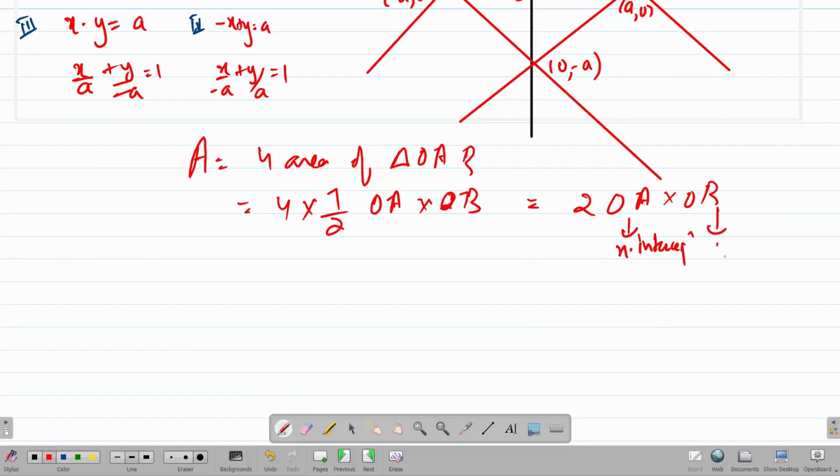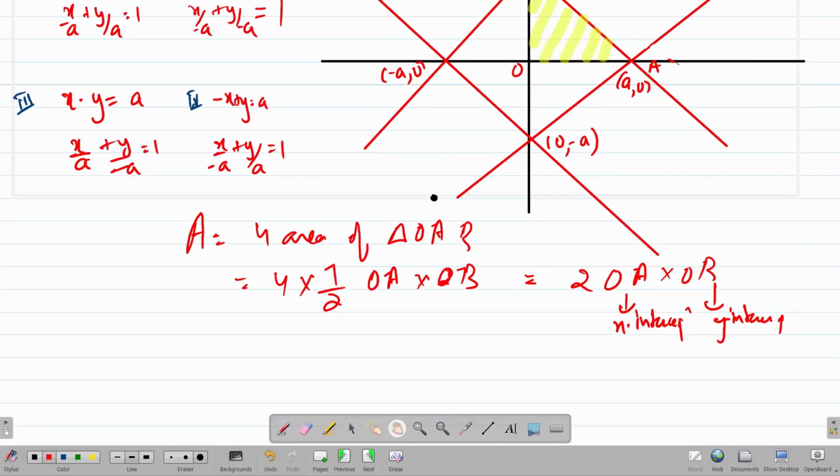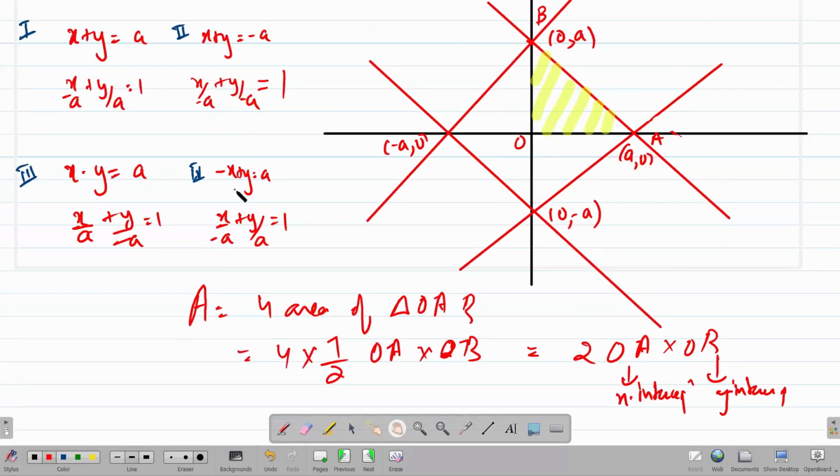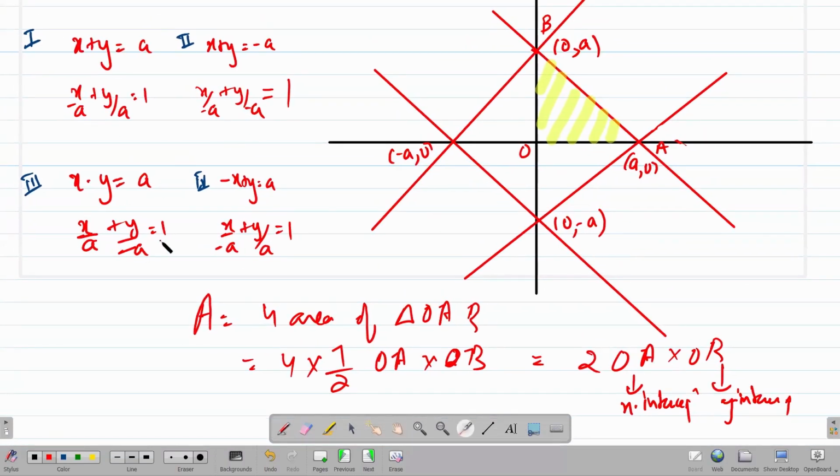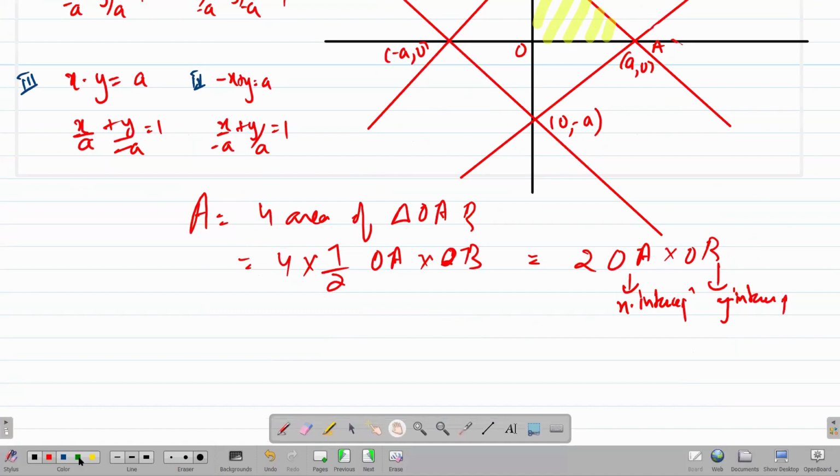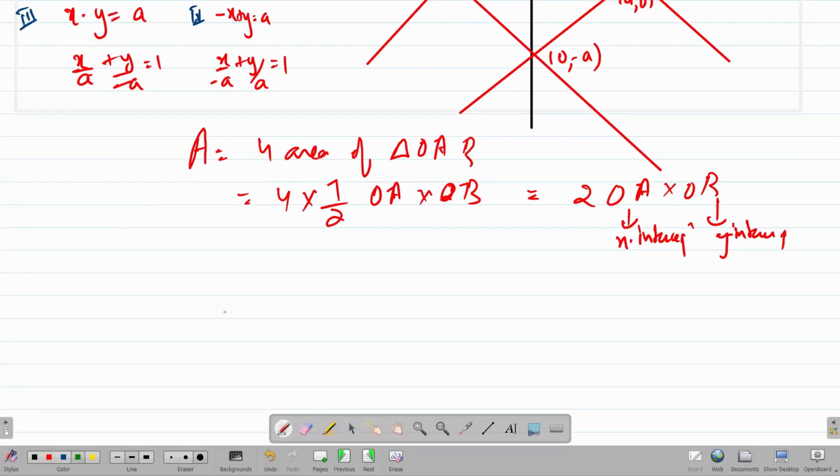So my shortcut is here: whenever you get these types of 4 lines around the origin with the same x-intercepts, just varying in signs, and with the same y-intercept, those again varying in signs, then the area is always 2 times x-intercept into y-intercept.